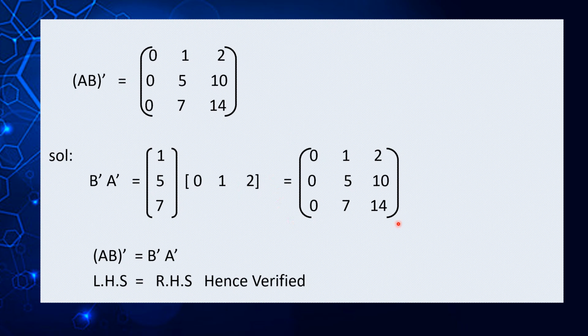So this is the RHS, that is the matrix of B transpose A transpose. When we consider both RHS and LHS, they are equal, hence it is verified that AB the whole transpose is equal to B transpose A transpose.